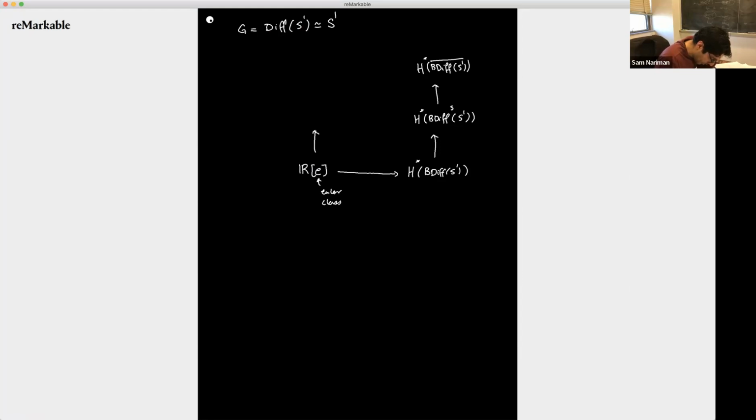And the flat S1 bundle, on the other hand, the corresponding group here is the relative Lie algebra cohomology, continuous Lie algebra cohomology of Vect of S1 relative to SO2.